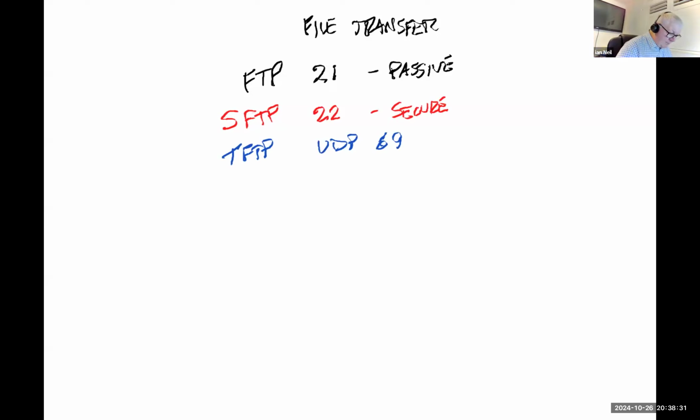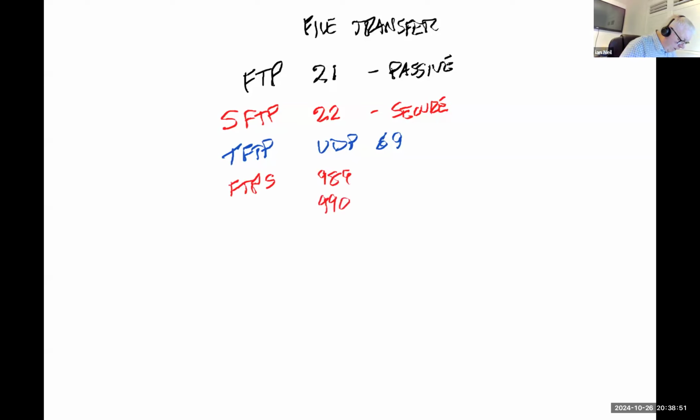But then they've got something that's very strange. File Transfer Protocol Secure. And you say to yourself, well, you've already got one that's secure. But what they've got is 989 and 990.